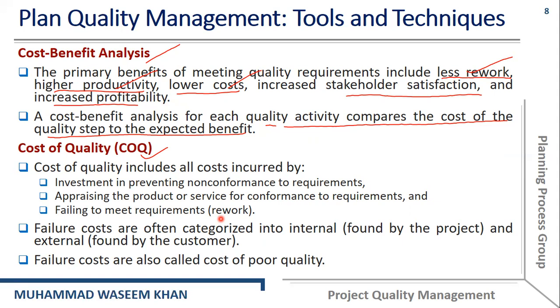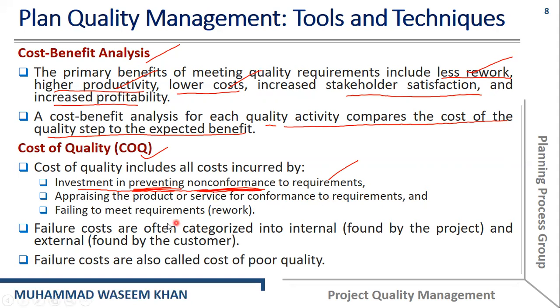Okay, and if you want to appraise or evaluate the product or service for conformance to the requirement, if you want to identify whether the standards are conforming to the requirements or not, when you invest in that particular process, that is called appraising cost.